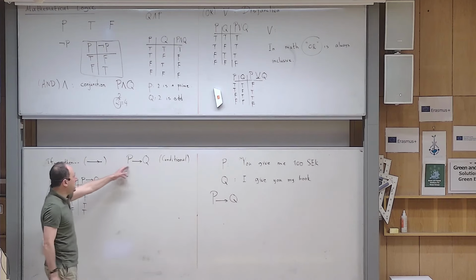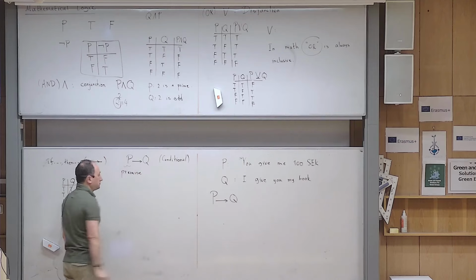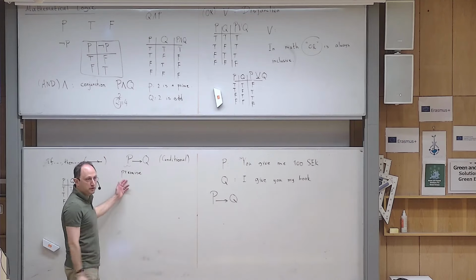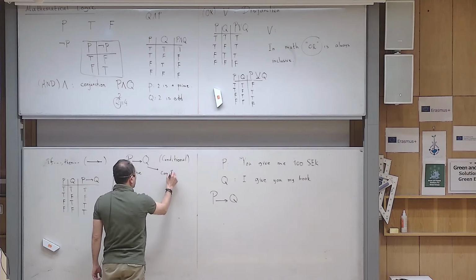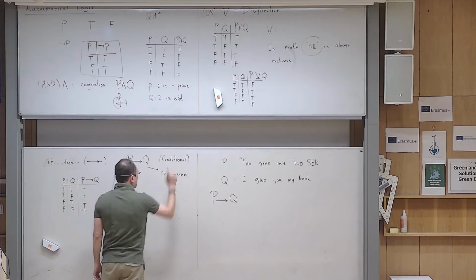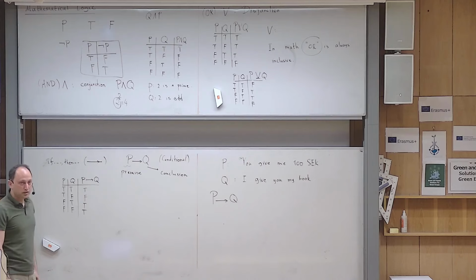And there are some names for it. So this one is called the premise. Yes? And sometimes people call it assumption. Or it doesn't matter. And then this is called conclusion. Yes? Or sometimes we say necessary and sufficient conditions.